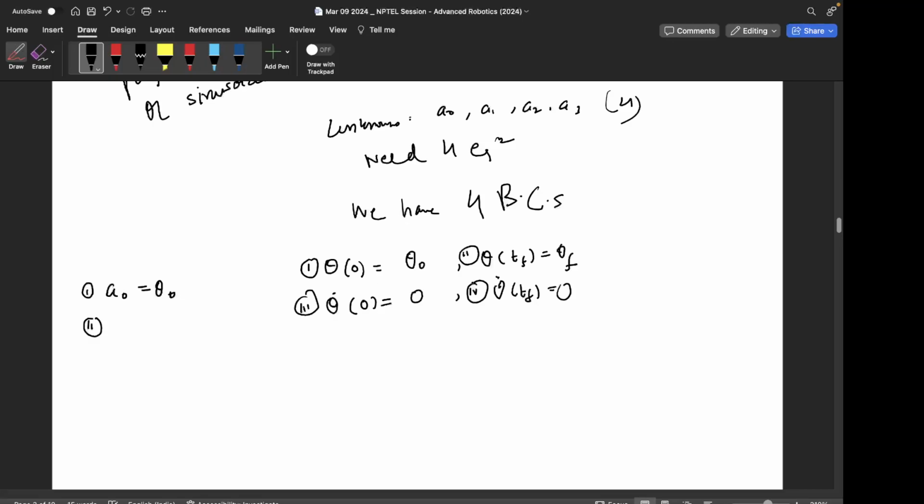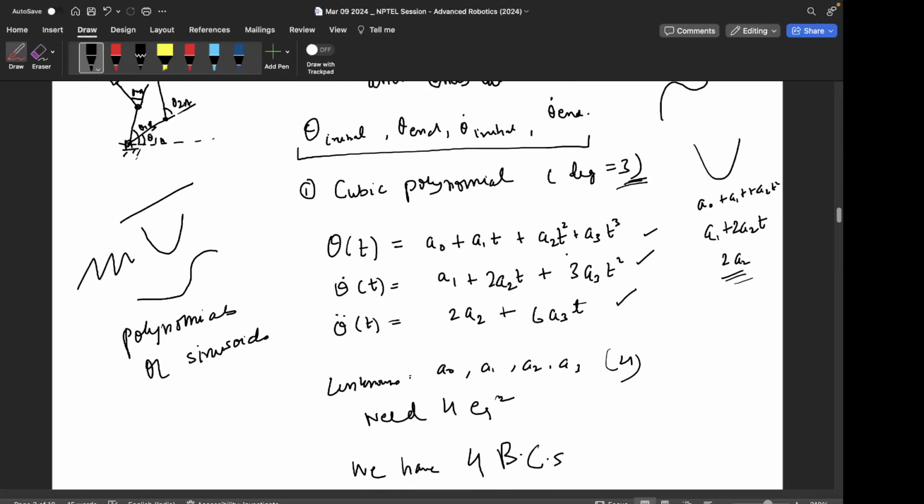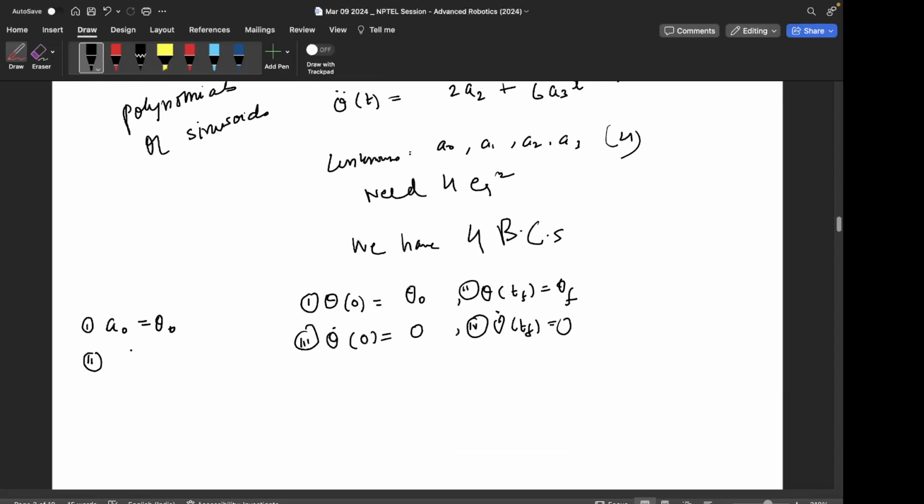The second equation is you put tf and equate it to theta f, so a0 plus a1 tf plus a2 tf square plus a3 tf cube is equal to theta f.